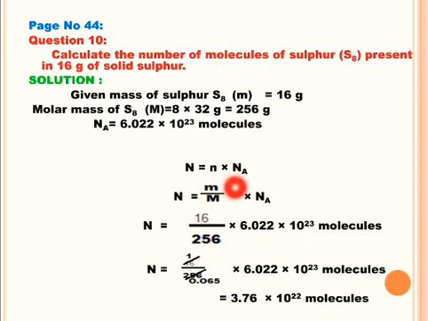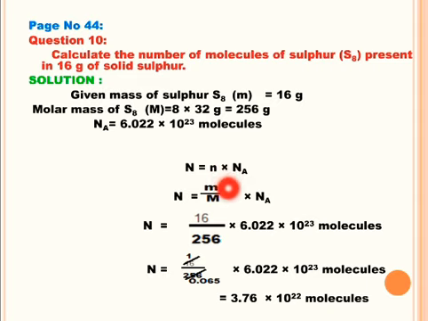Again, we know the value of Avogadro number, but we are not given the number of moles of sulfur. So how can we calculate the small n, that is number of moles? We can calculate from formula n is equal to small m divided by capital M.